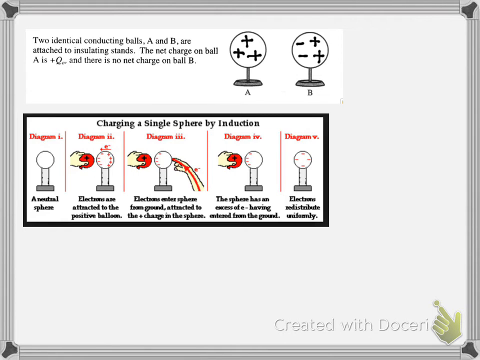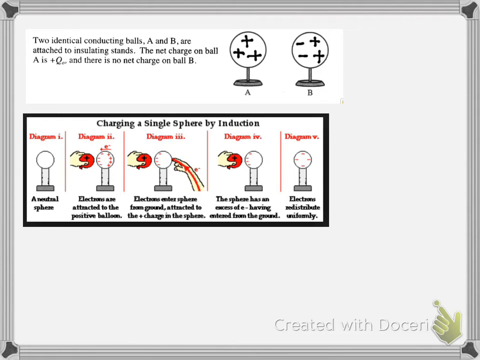Step 3 then would say if you touch the backside of ball B, for instance, then we have a path for electrons to flow. In this particular case, electrons would come from the ground, right? The person is just a vehicle to connect to the ground, to cause even more electrons to go onto the neutral sphere.